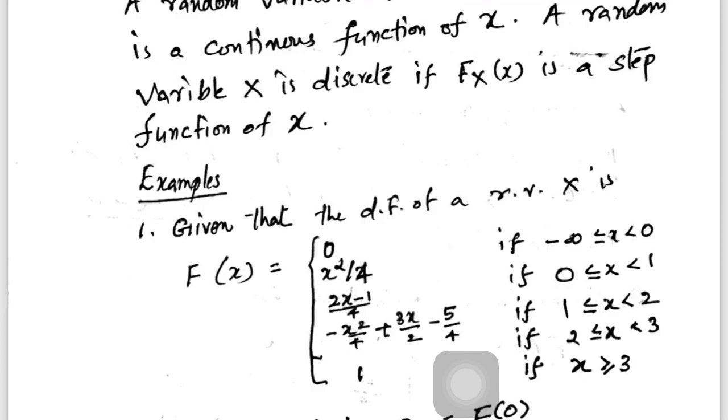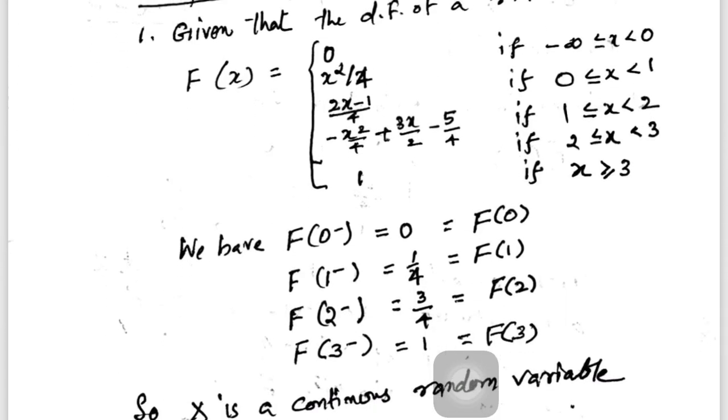Now you see F(0-). This minus means a value just below 0, not 0 but just below 0. F(x) is given in terms of a formula for various ranges, so while calculating F(0-), you have to use the range minus infinity to 0, because it is just below 0.